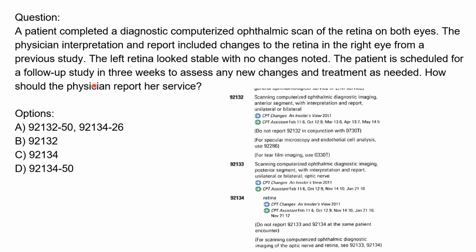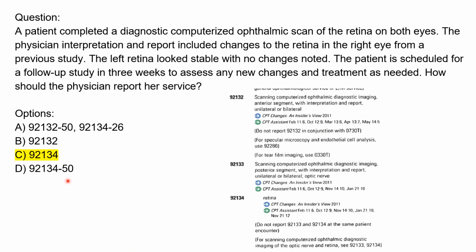So first we need to find out whether it is the anterior or the posterior segment, and there are changes in the retina, so it has to be the posterior segment. In this case we need to check what is the correct code and what is the correct modifier here. So kindly go through all the codes and tell me the answer.